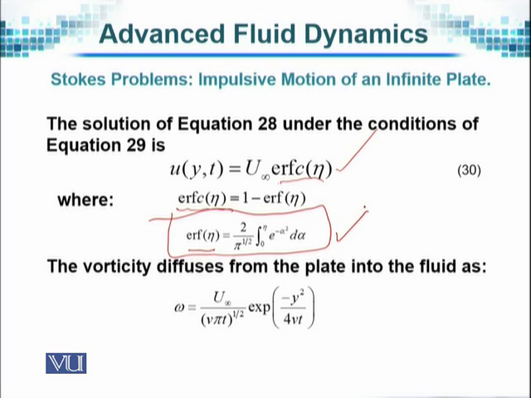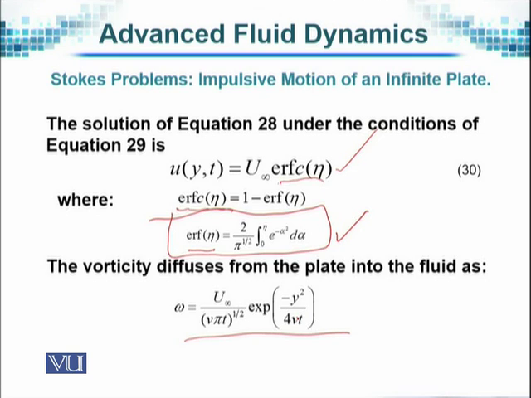From here we see the vorticity that diffuses from the plate into the fluid as this. And what does this reflect? The same type of conclusion as earlier. As y increases, the value of omega decreases, and when t increases, this whole function increases.